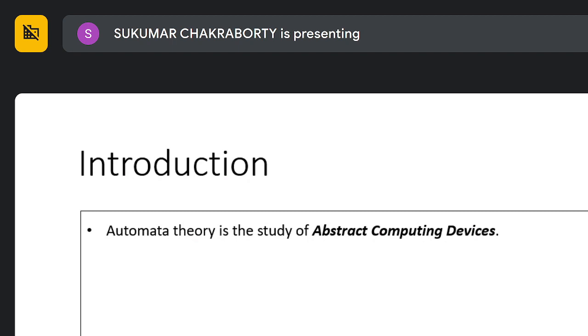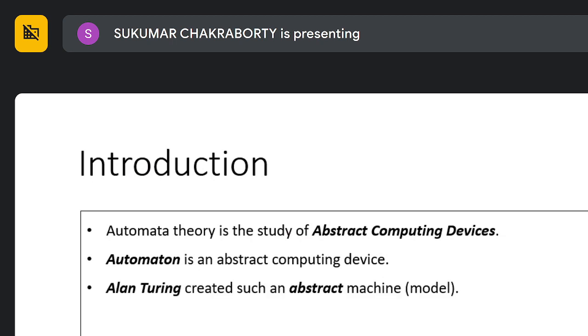We are not actually working with the device, but we are trying to model the computation that we can achieve with the device. So automata theory is the study of this kind of abstraction of devices, and the devices are termed as automaton. So automaton is a device in an abstract sense, and automata is the study of these kinds of devices, right?